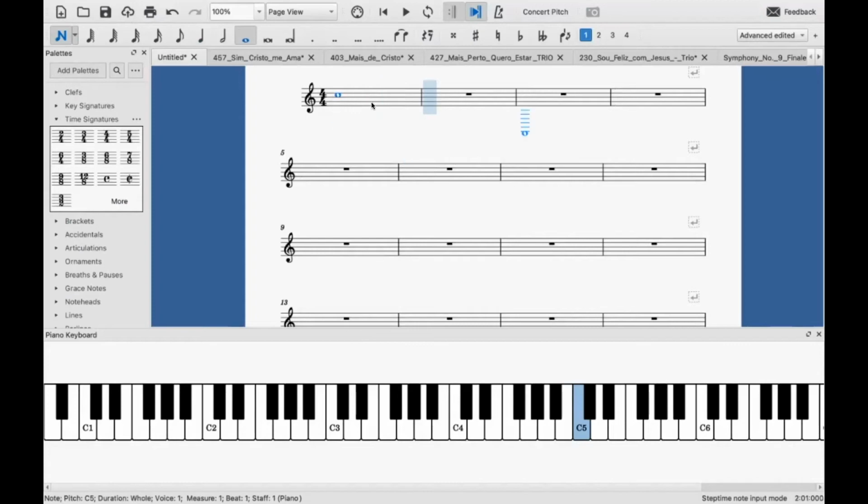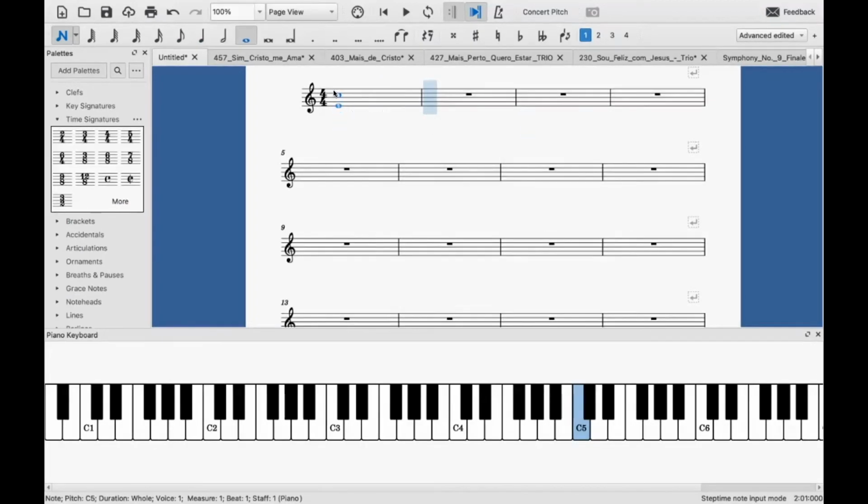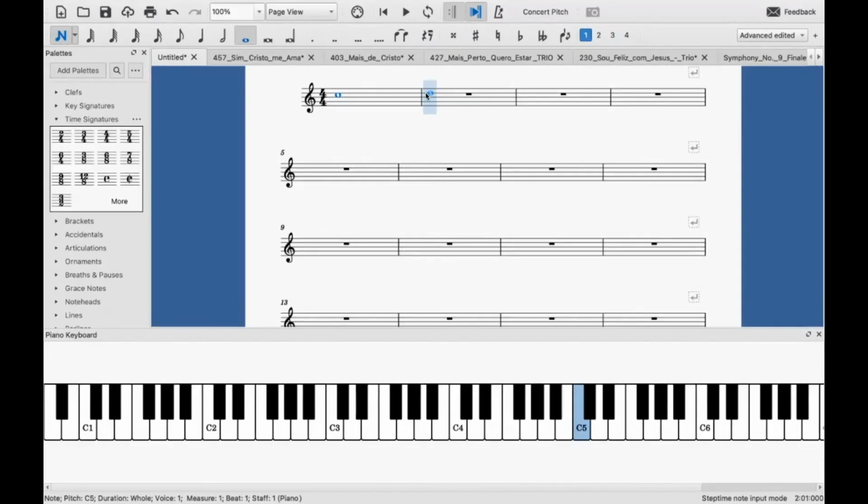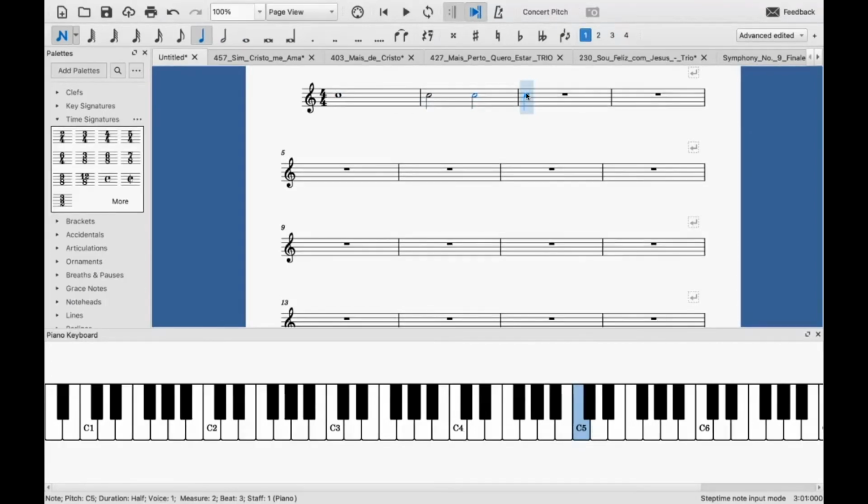So you can see that the semibreve took the whole space here. Now I'm going to go with the half note. So now in this measure, this bar, I was able to put two half notes.